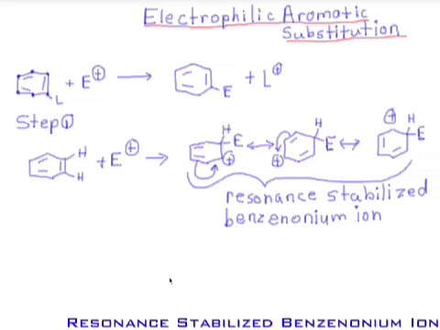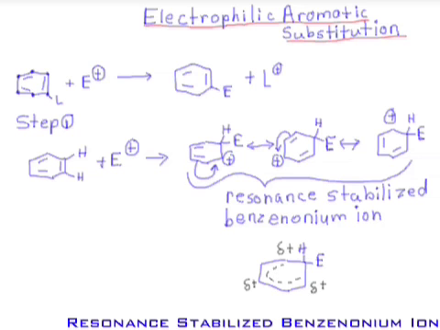The resonance hybrid would look something like this. We have an H, we have an E. And I'll use black. We get a delta plus here, a delta plus here, and a delta plus here. The positive charge is delocalized over those positions.